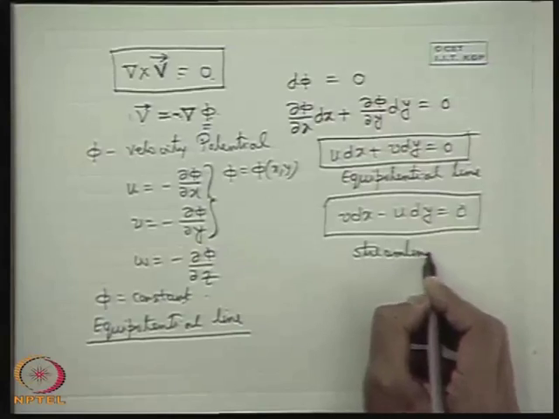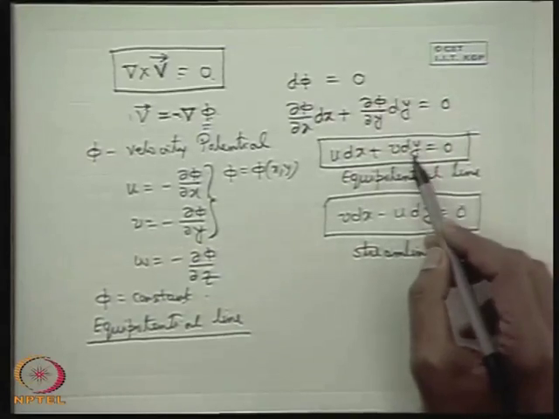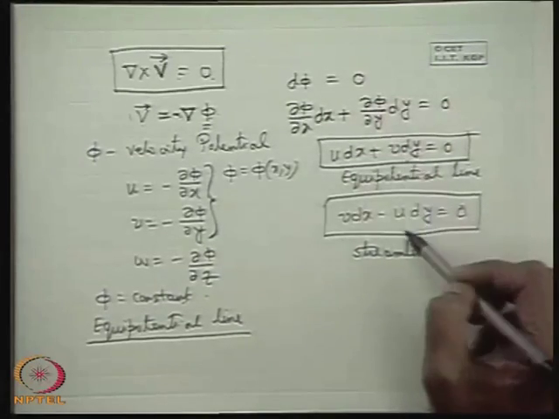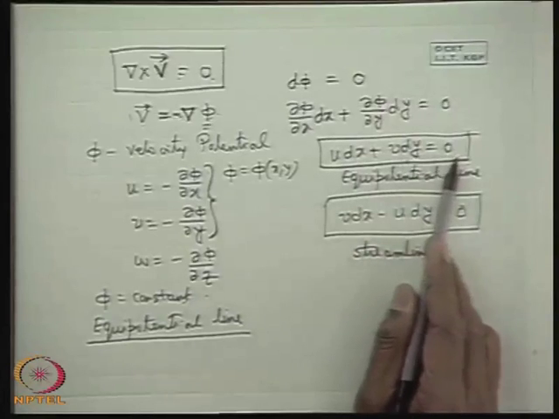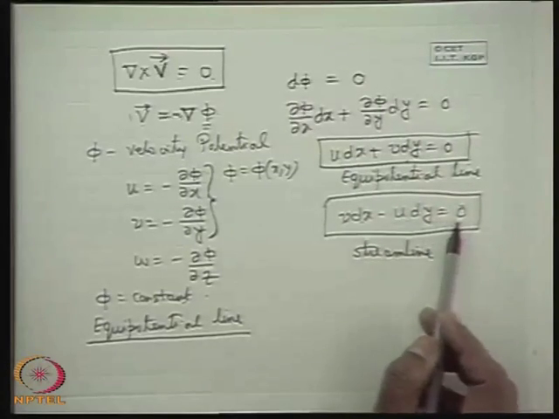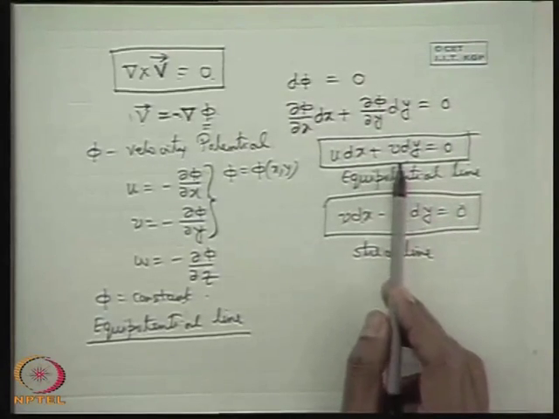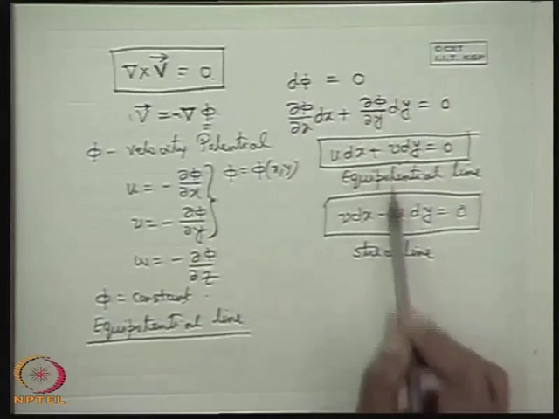So immediate inspection of these two equations shows that they are mutually orthogonal. They are perpendicular to each other. u dx plus v dy is 0, and v dx minus u dy is 0. The slope of this line at any point and the slope of this line at any point are perpendicular to each other.